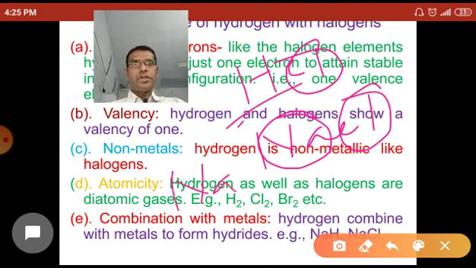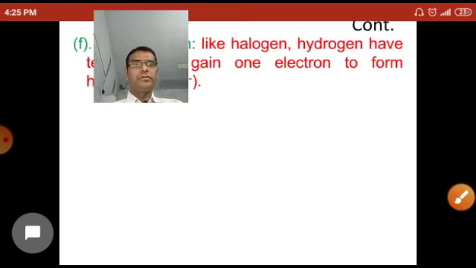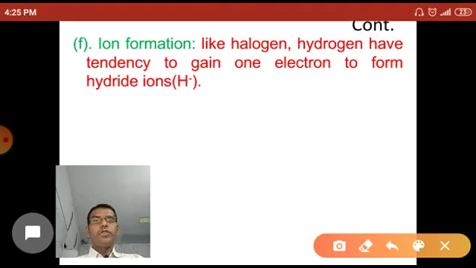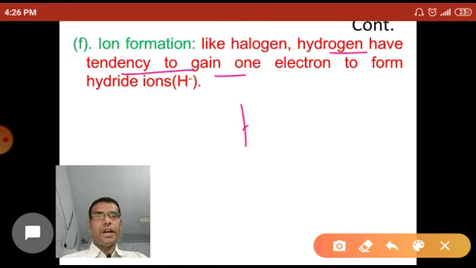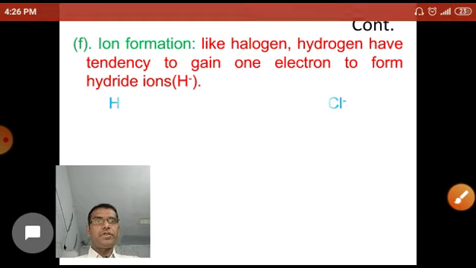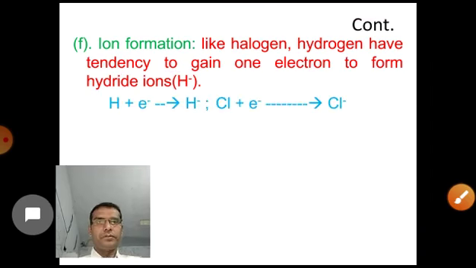Now NaH: hydrogen is a non-metal combined with the metal Na. Now ion formation: like the halogens, hydrogen has the tendency to gain one electron to form the hydride ion, the H minus ion. Like the chloride ion and bromide ion, hydrogen also forms the hydride ion by gaining one electron.